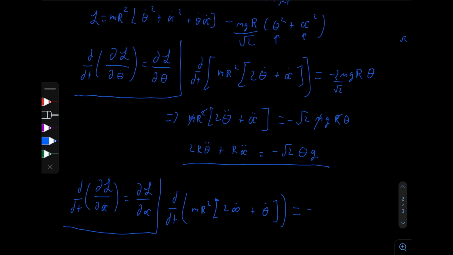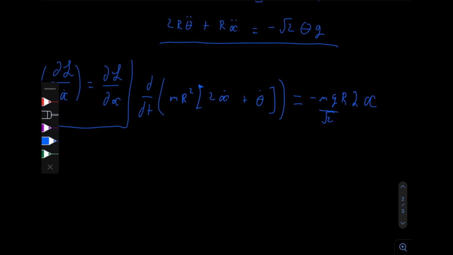So we'll have a minus mgr over root 2 times 2 alpha. Take the time derivative, mr squared times 2 alpha double dot plus theta double dot. Again, we'll have root 2, and then the m and the r's will cancel, so we'll have g alpha.